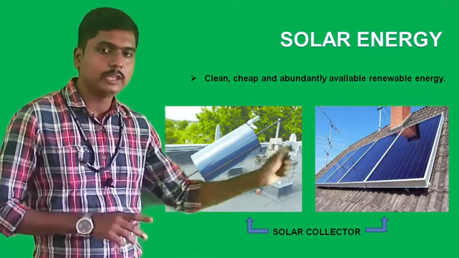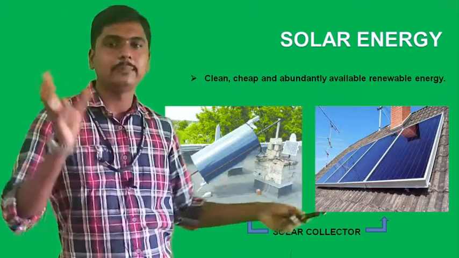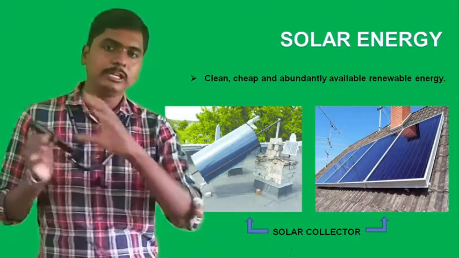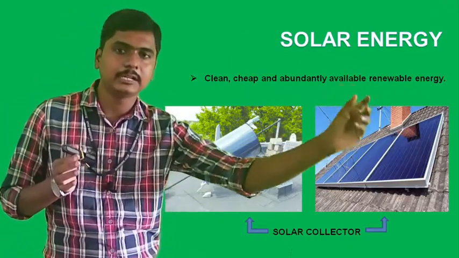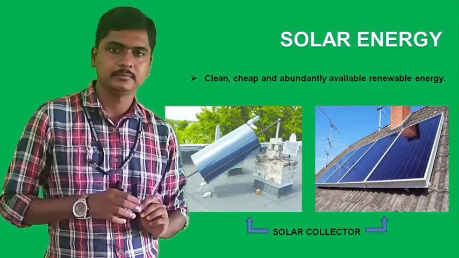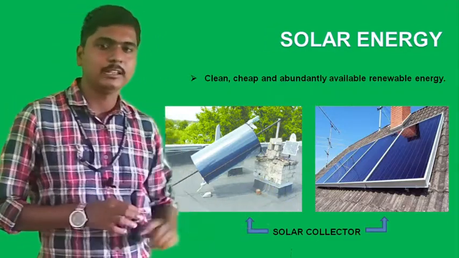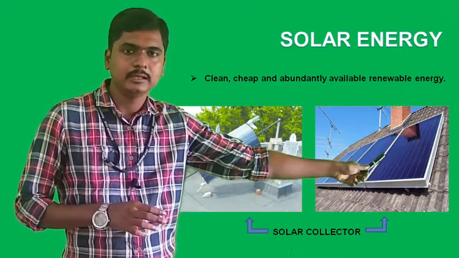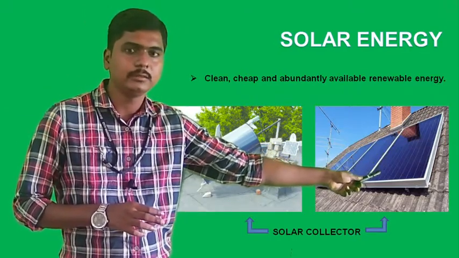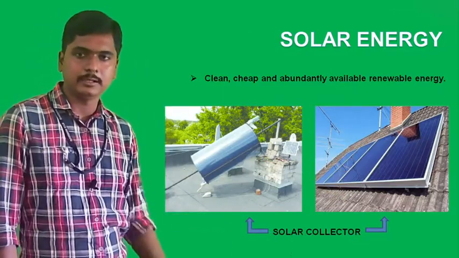With the help of these solar collectors we can trap that radiation and convert it into some other kind of energy. Basically we have two types of solar collector. This is the flat plate solar collector, I think you are acquainted with this one, and this one is the cylindrical solar collector.